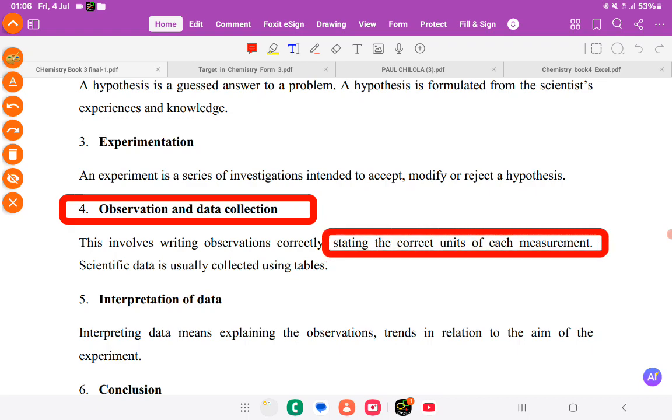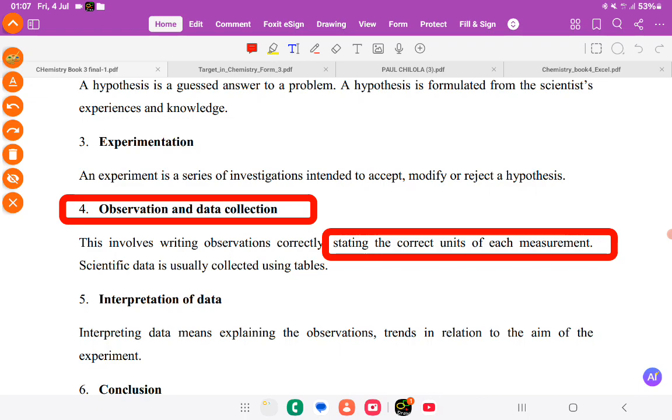Let's say you are recording time taken for a particular event to take place. Time in seconds should be recorded. Or maybe you are investigating the length of a metal like magnesium added to an acid. You have to indicate all those units of the measurements that you take.